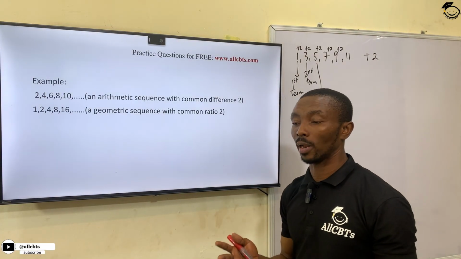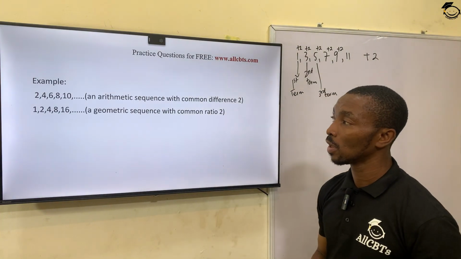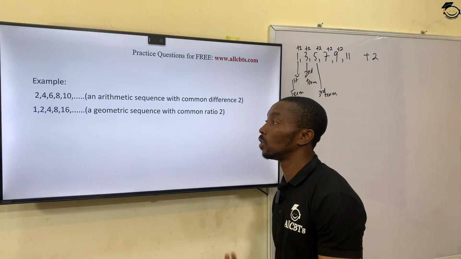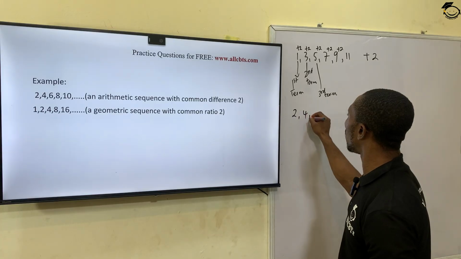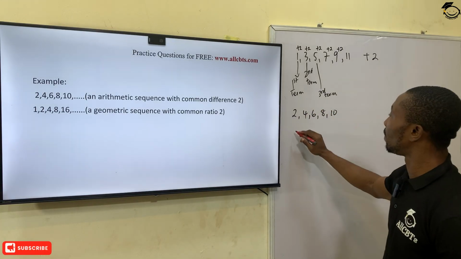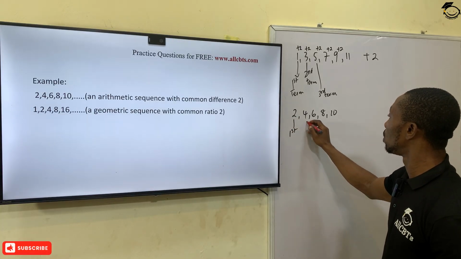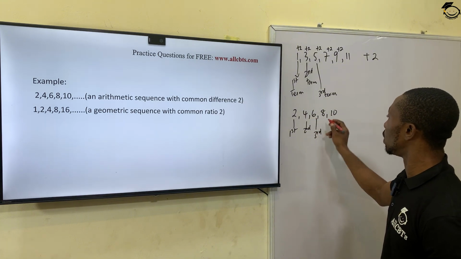And the common difference is established by subtracting the first term from the second term, or the second term from the third term. Now, for example, we have 2, 4, 6, 8, 10. In this, our first term is 2, our second term is 4, our third term is 6.